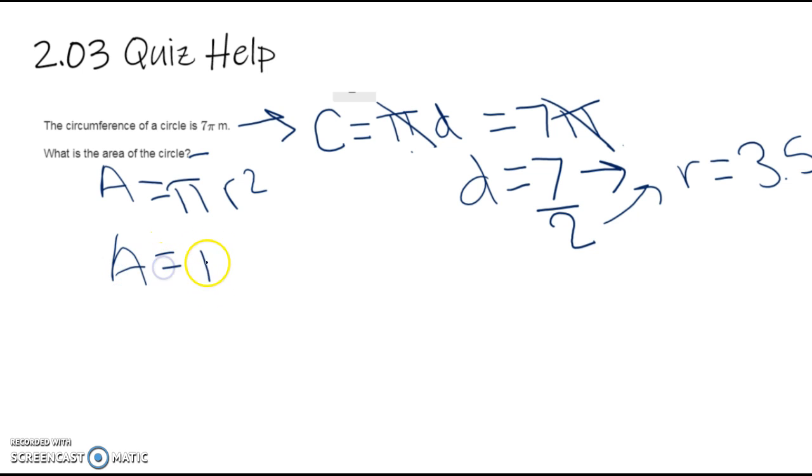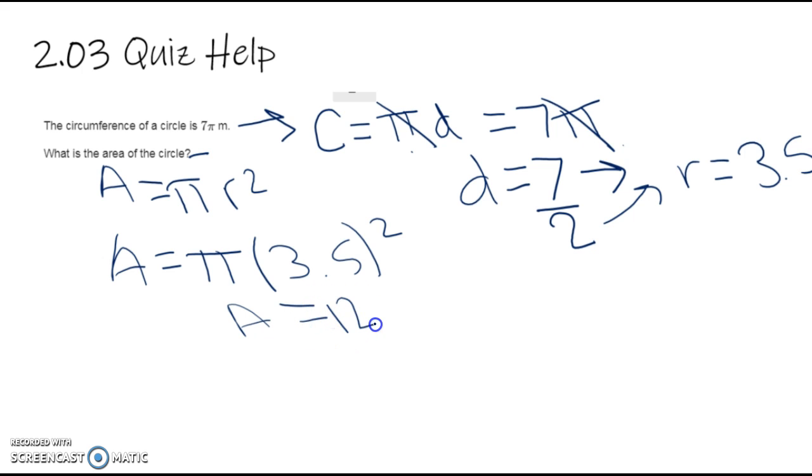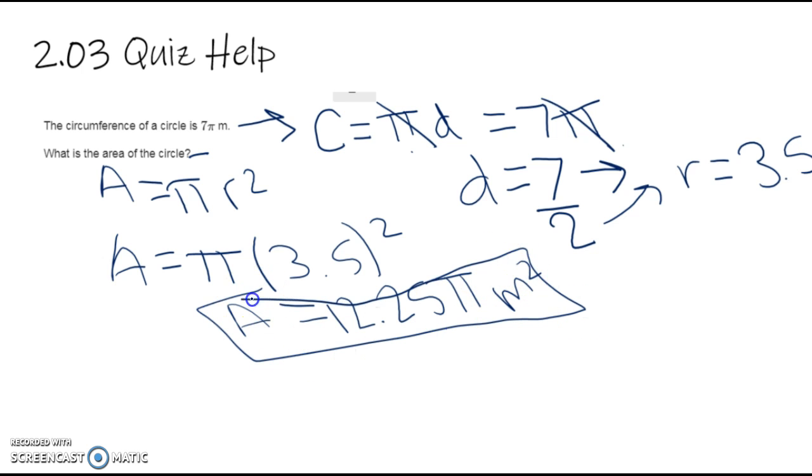Area is equal to pi times 3.5 squared. And you're going to put 3.5 times 3.5. You'll get 12.25 pi. And that'll be it. 12.25 pi meters squared. We're done.